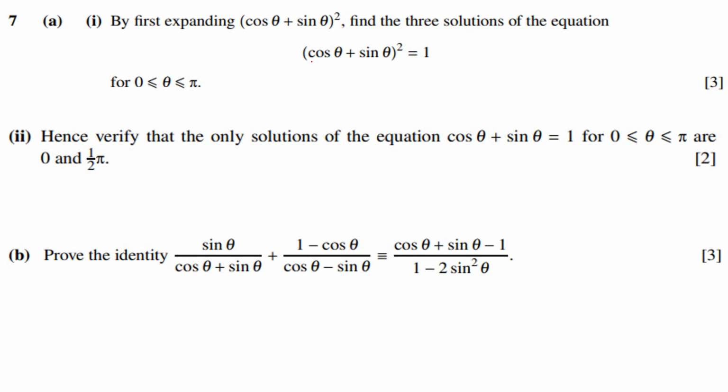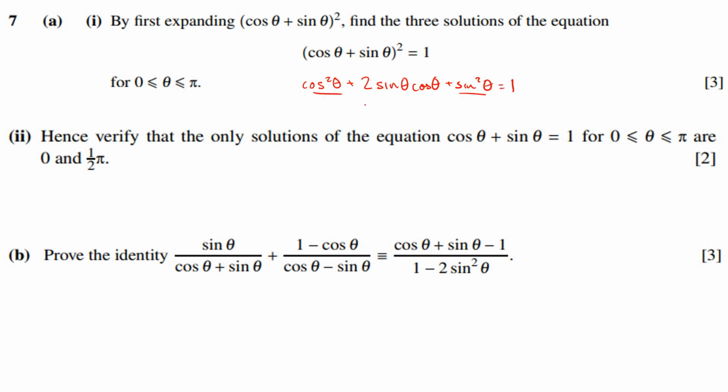By first expanding this, so we're going to find the three solutions. Let's expand this. Cos theta times by cos theta is cos squared theta plus cos theta sine theta plus sine theta cos theta, so that'll be plus 2 sine theta cos theta plus sine squared theta equals 1.